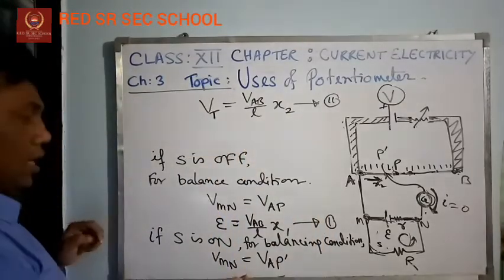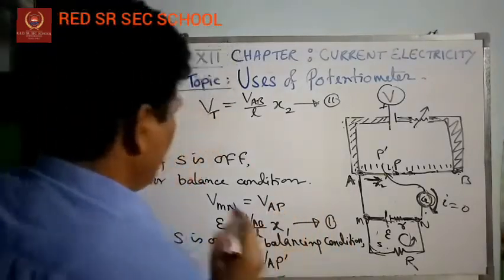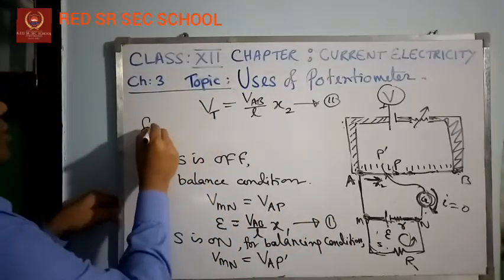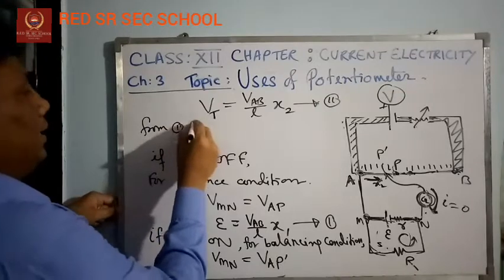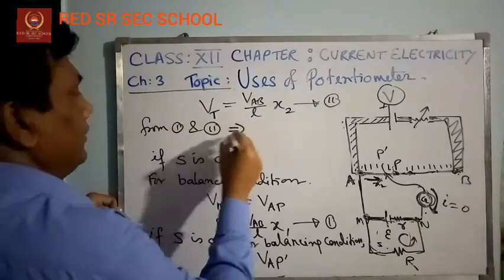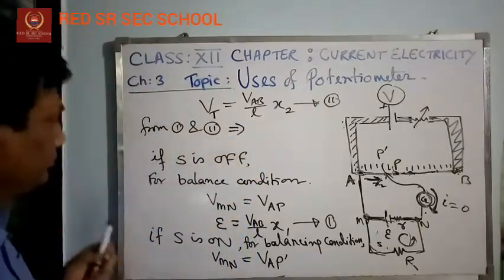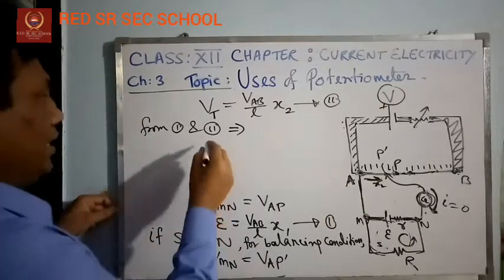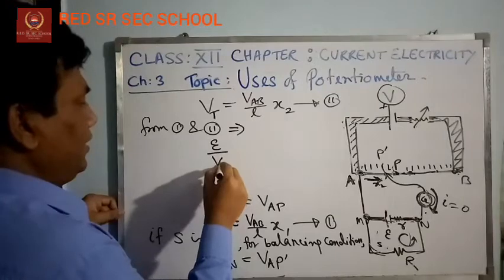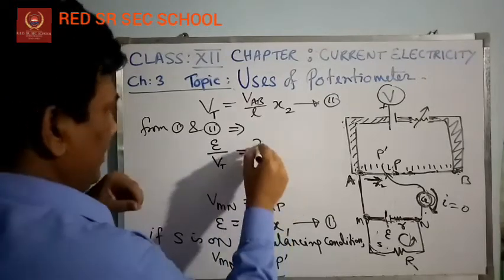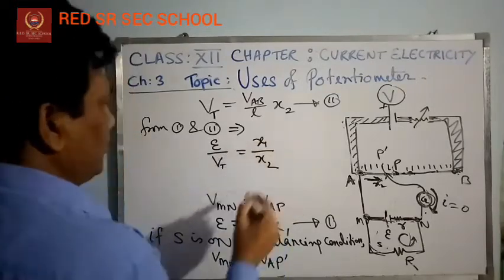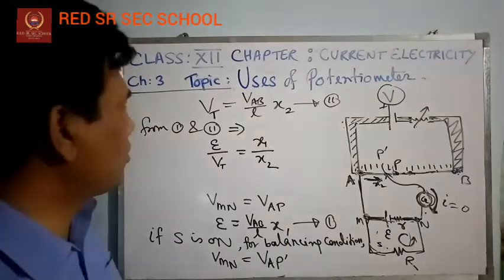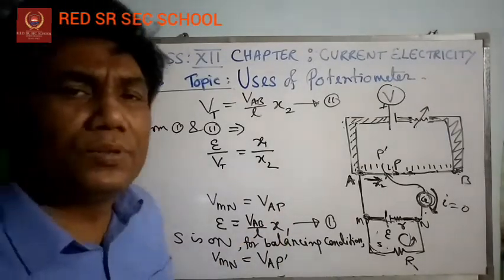Now from 1 and 2, I get E upon Vt equals x1 upon x2. Can you say whether x1 is more or x2 is more?